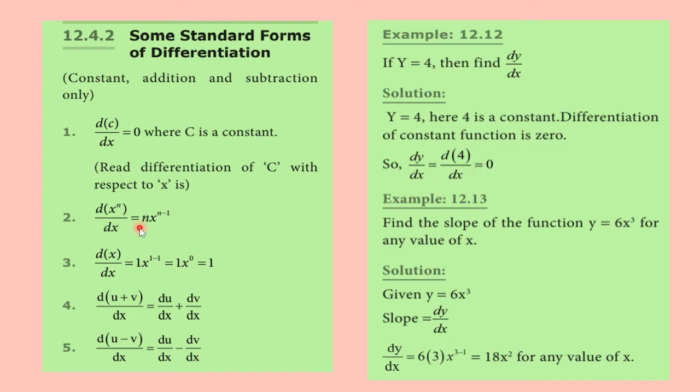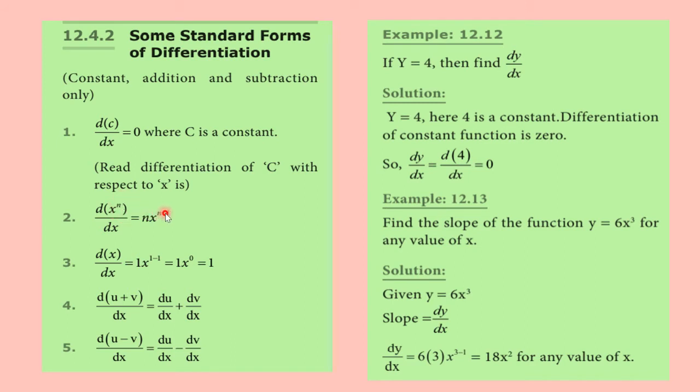Now come to the next standard form. Differentiation of x power n with respect to x is, so what is the answer for this? Here the power is n. Bring that power to the front. So it becomes n into x. Then the second thing is we have to subtract 1 from the power.